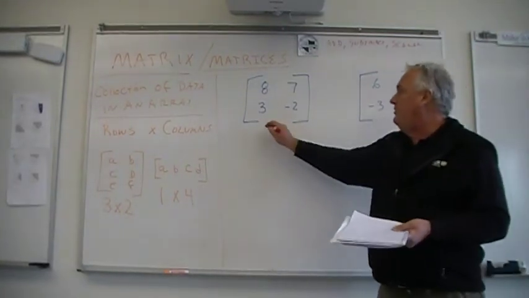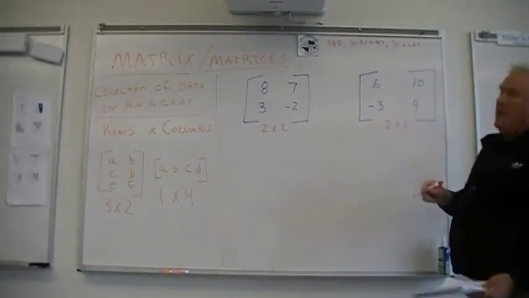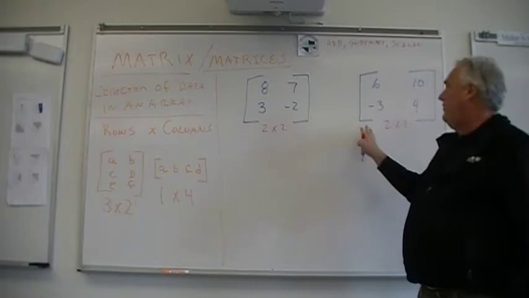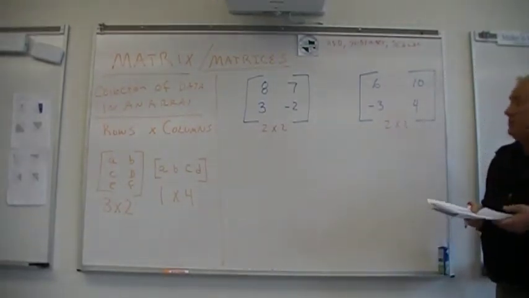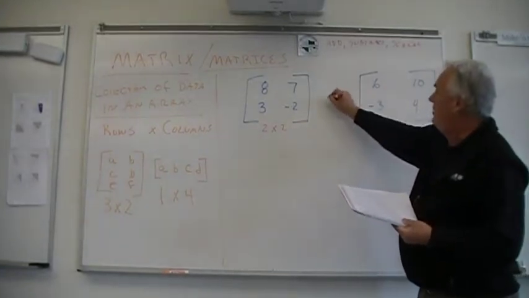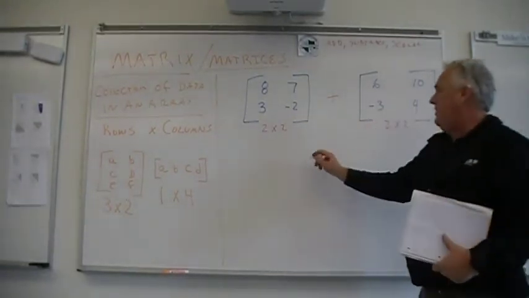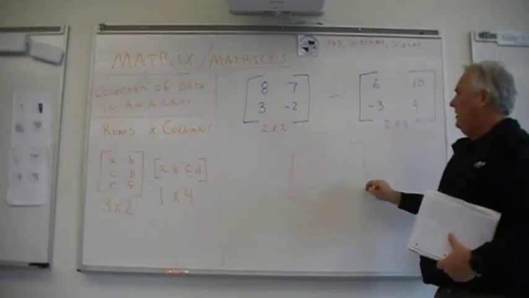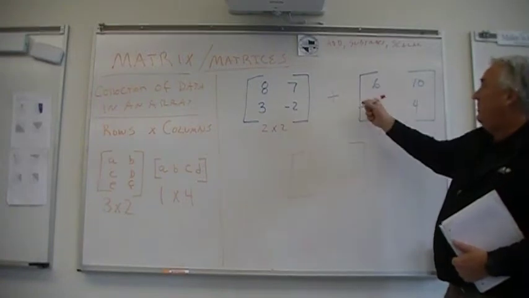I have a 2x2 matrix, and I have a 2x2 matrix. If the matrices have the same rows and same columns, we can add or subtract them. So if we were going to add them, we could add this matrix to this matrix. Our answer will be, all we do is add the corresponding numbers.